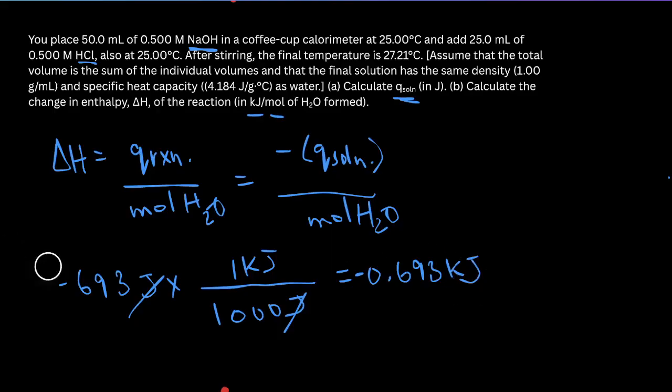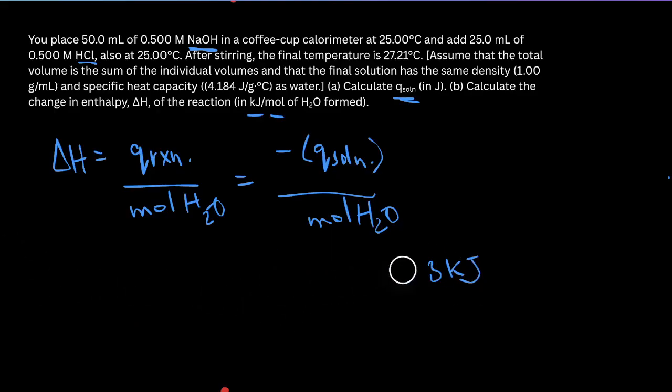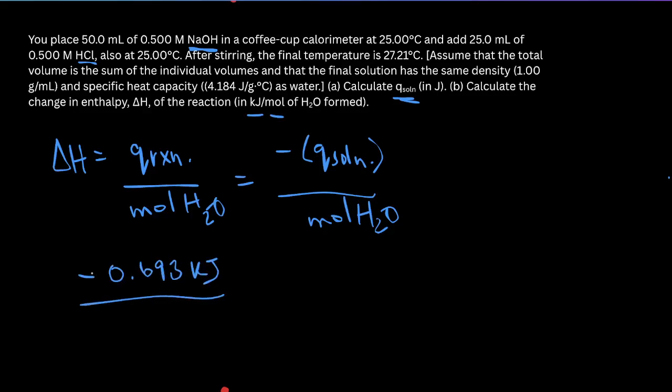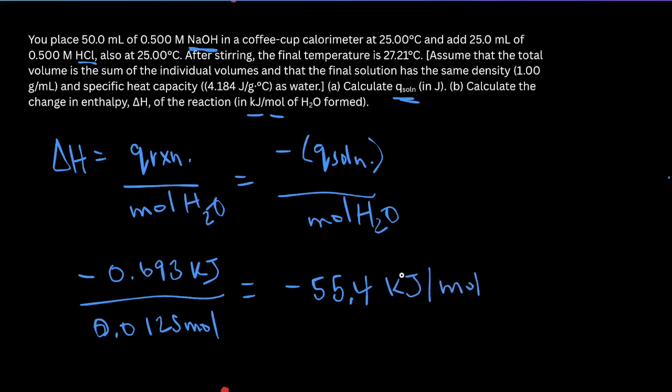So now, simply plugging this value, negative 0.693 kilojoules per 0.0125 moles gives us an answer of negative 55.4 kilojoules per mole. And this here is going to be our answer. This is our change in enthalpy of the reaction.